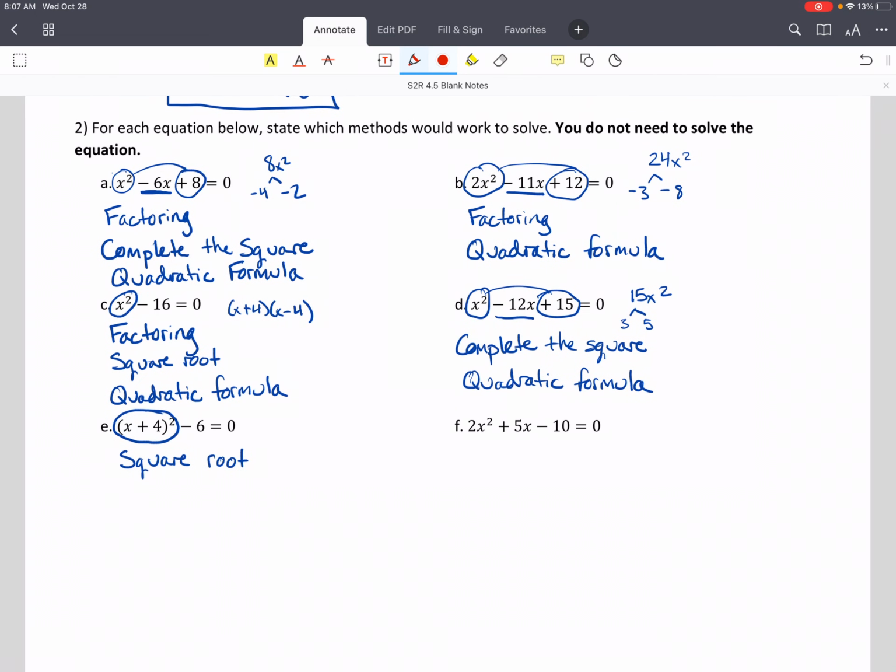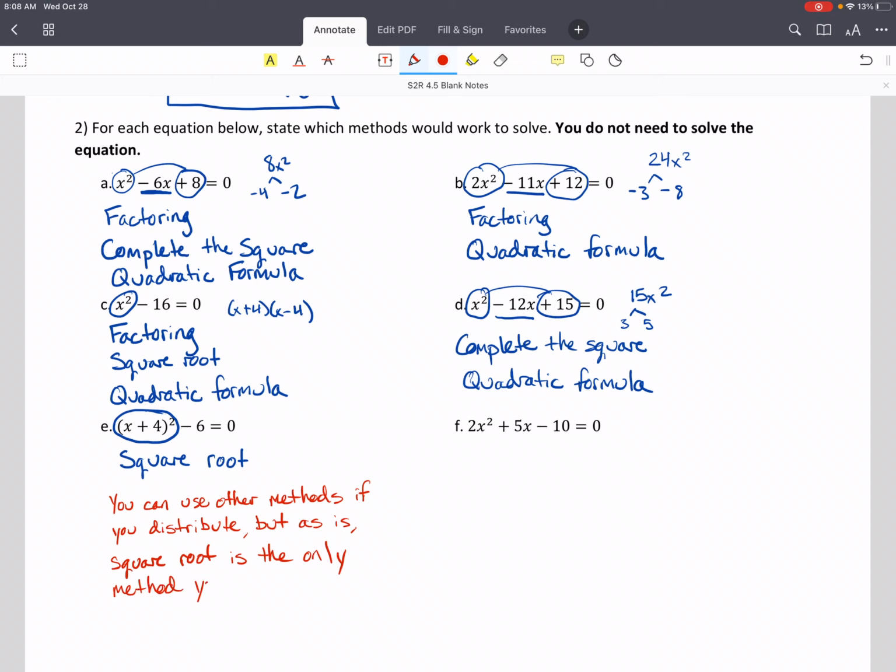And so part E, we could only do that by taking square root. Just a note there, if I distributed it, we could use other methods, but just in that format, square rooting is the only one we would use.